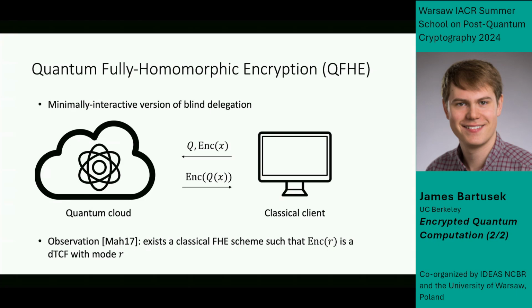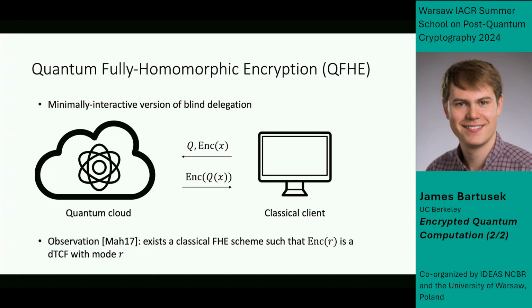It turns out that in the same paper that introduced the idea of using trapdoor claw-free functions to do blind delegation, it was also noticed that these techniques could be pushed further to obtain a full-fledged quantum fully homomorphic encryption scheme.